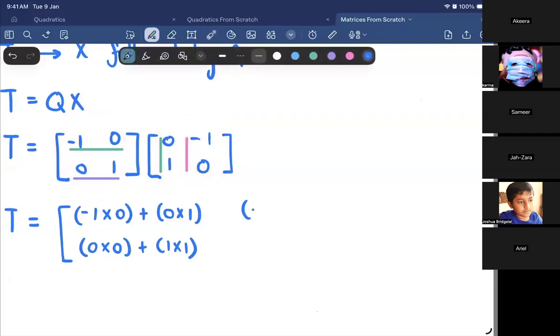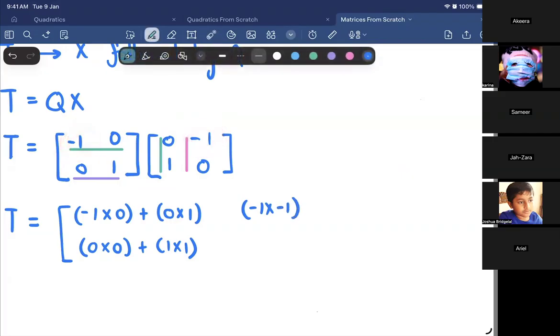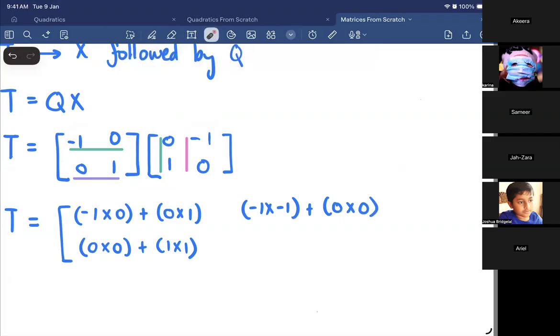Negative 1 by negative 1, plus 0 by 0. Look how it works, right? Minus 1 by minus 1, and then 0 by 0. So the first one by the first one, and the second one by the second one.